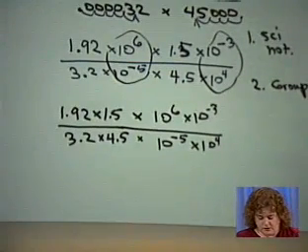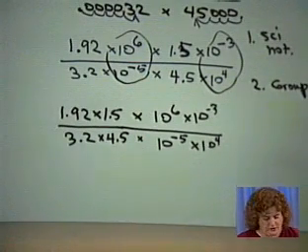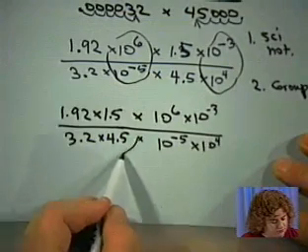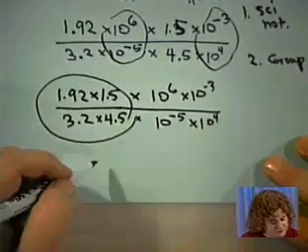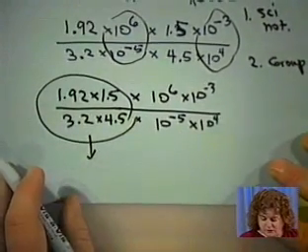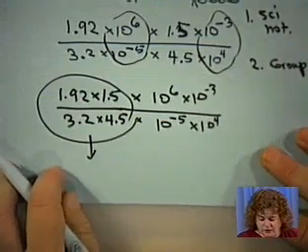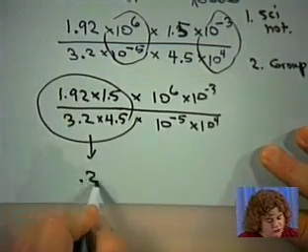This piece, any sane person will deal with their calculator if they're allowed to use it, which you are in this day and age, and comes out to be a very convenient 0.2.